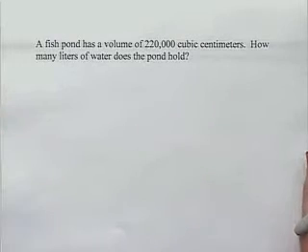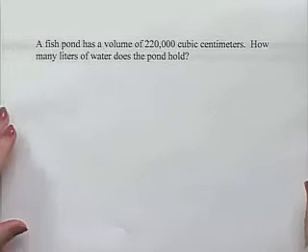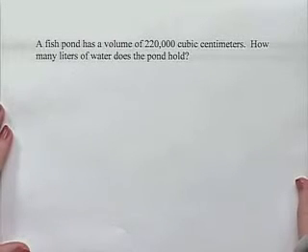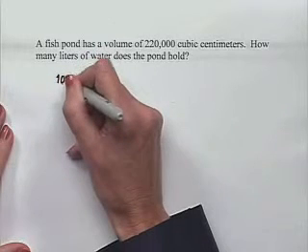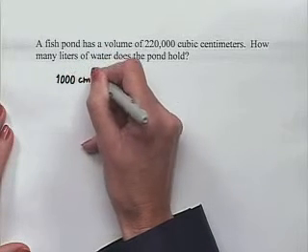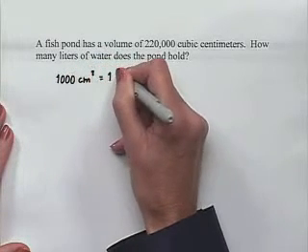Here's another application. A fish pond has a volume of 220,000 cubic centimeters. How many liters of water does the pond hold? We need to know the conversion that 1,000 cubic centimeters is equal to 1 liter.